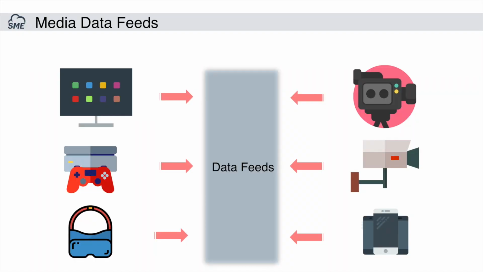One of the common themes we see when we speak to our customers in the media and entertainment industry is an increased number of data streams that they are having to process.